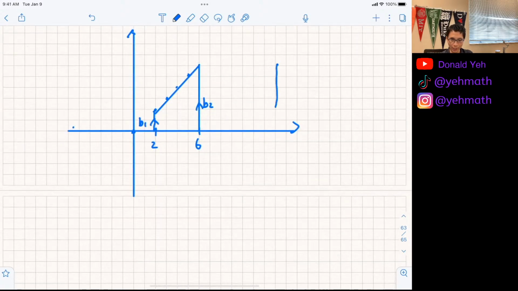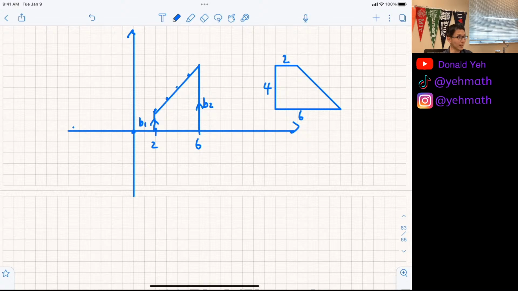This is 6 units and this is 2 units. So this is the same trapezoid, but in the correct orientation. This is 2, this is 6, and the height is 4.